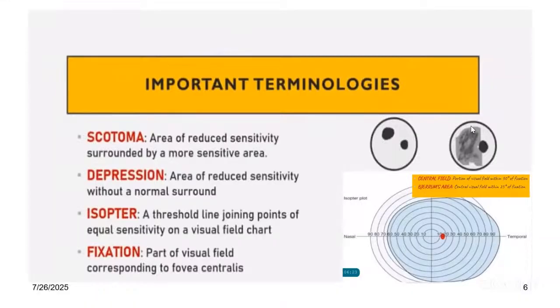In a relative scotoma, you have a depressed visual field, but it's not dark, it's not absolute. There is still some form of vision, but it is reduced compared to the absolute, and it is still surrounded by an area of relative loss before you see the area of normal sensitivity.